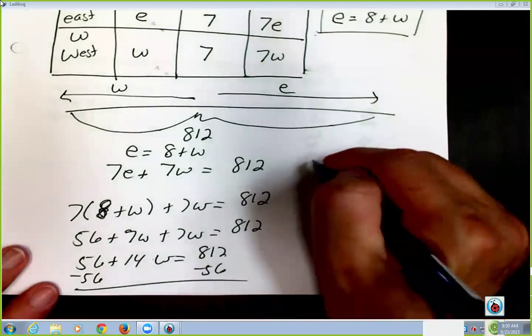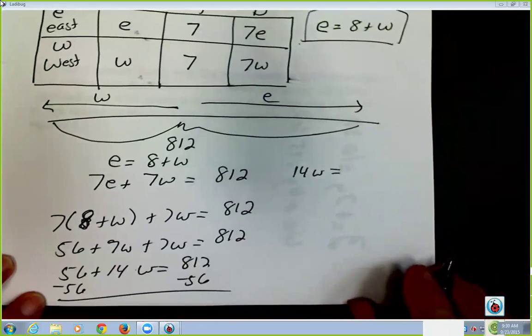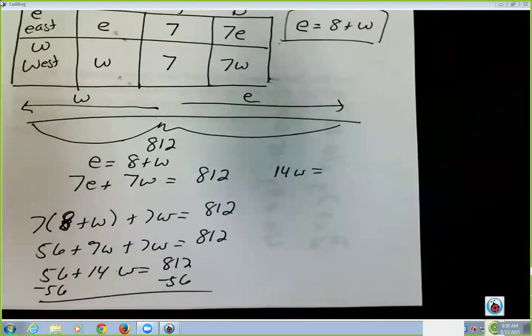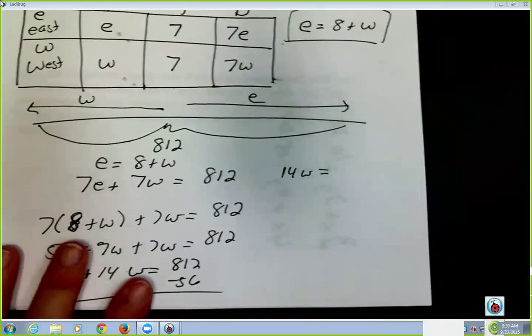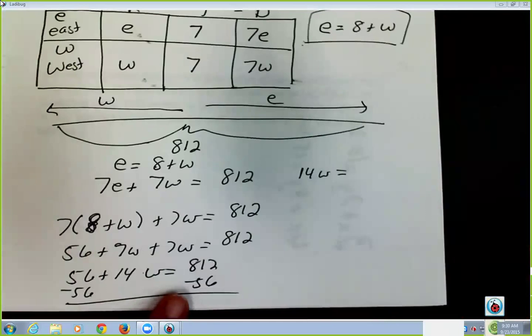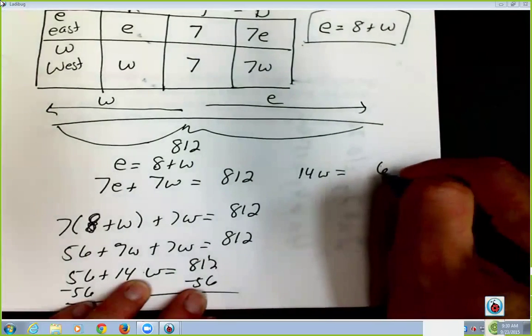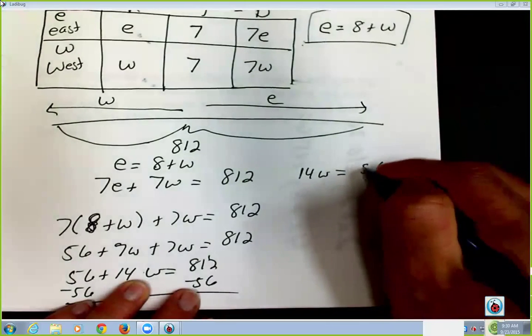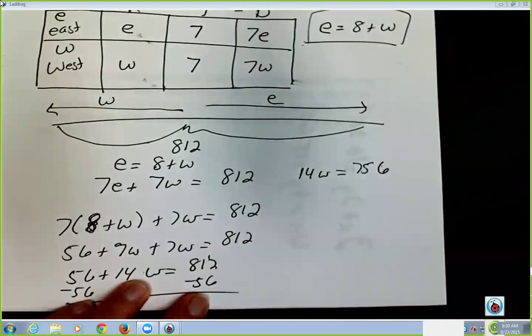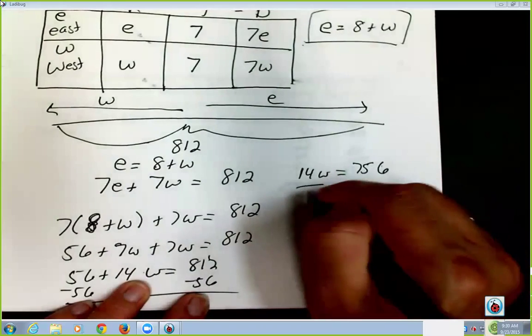And I find out that 14W is equal to, what's 14W going to be equal to? 812 minus 56. 756? Yes. Divide by 14.